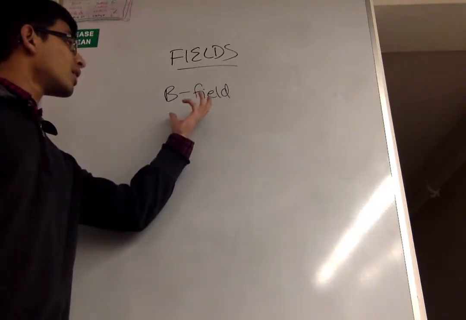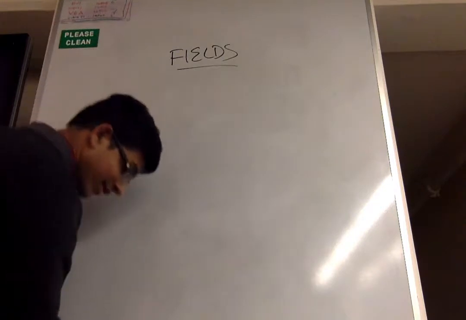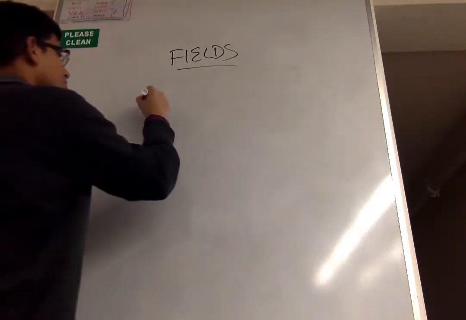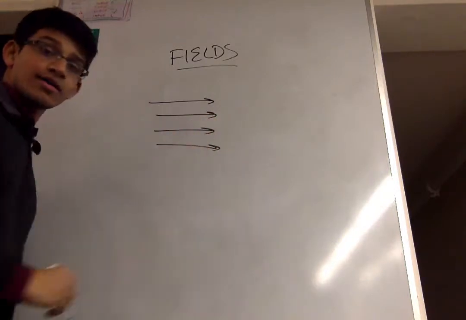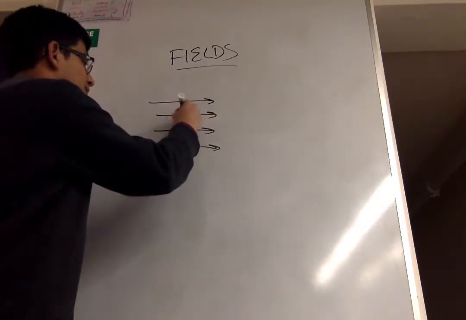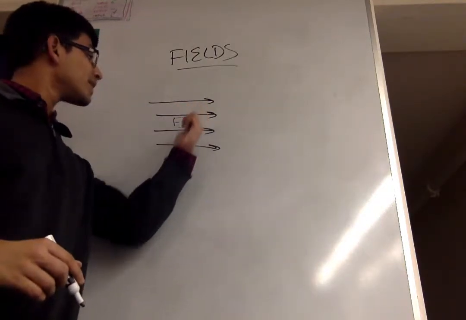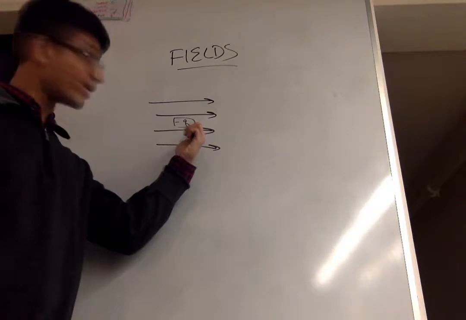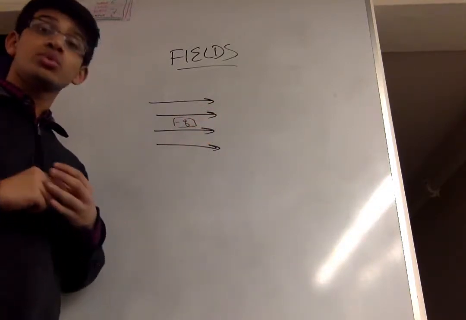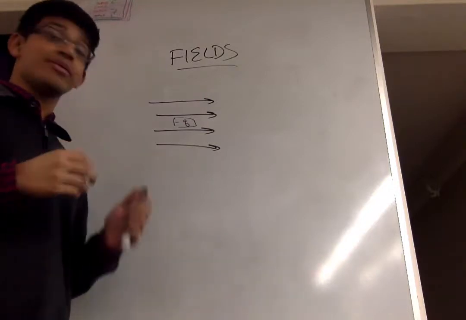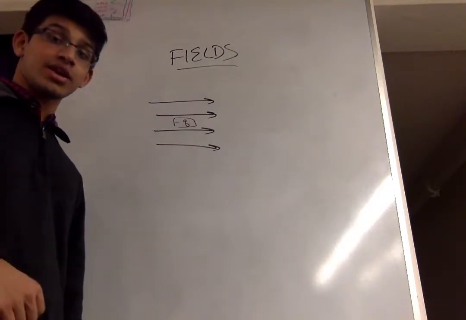So, basically, say you have these field lines going this way. All right, and say you have a negative charge over here. Because this is a negative charge in this magnetic force field, or the B field, there will be a force exerted on this charge, and soon we'll be able to not only find out the magnitude of that force, we'll be able to tell the direction that the force is exerted on it as well.